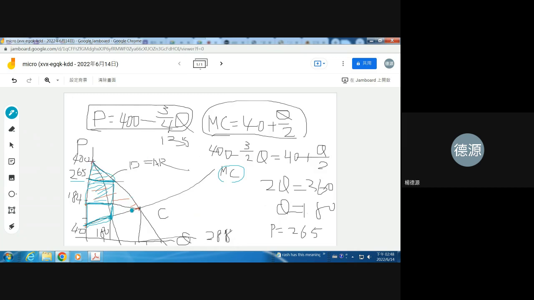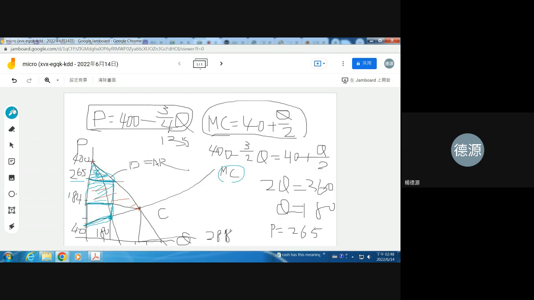This big triangle is consumer surplus under perfect competition, and this small triangle is the producer surplus under perfect competition. This little triangle is consumer surplus under monopoly, and this whole area is the producer surplus under monopoly.